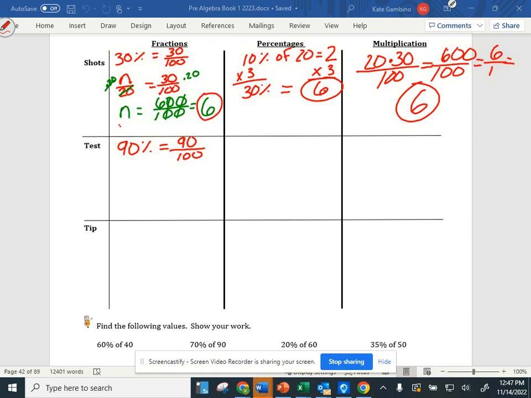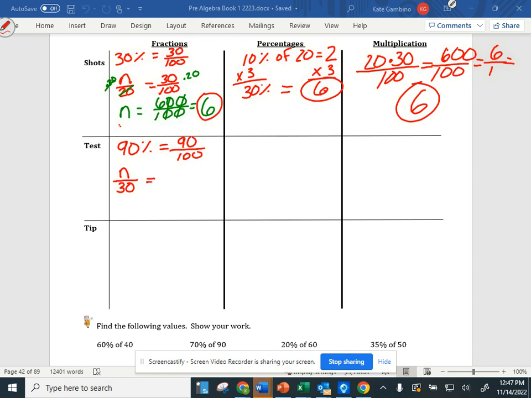Okay, we know how to convert it from the percentage to the fraction. Now we're going to put it in that algebra. So we want to know how many she got right out of that possible 30 points, right? Because the test was worth 30 points.